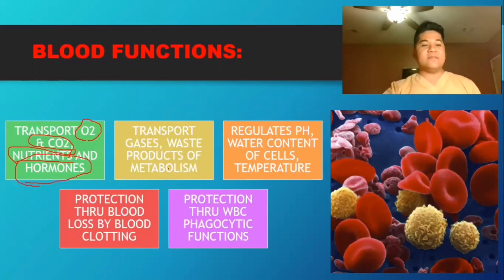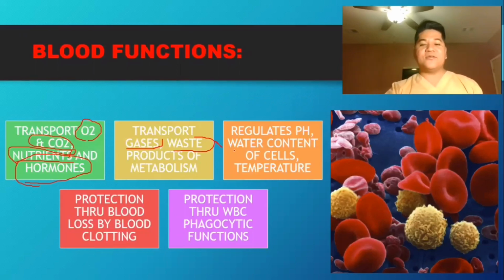Okay, aside from that, your blood transports gases, or exchange of gases in the form of your oxygen and carbon dioxide. It also, as I've told you, carries waste products of metabolism that are not needed by the body.